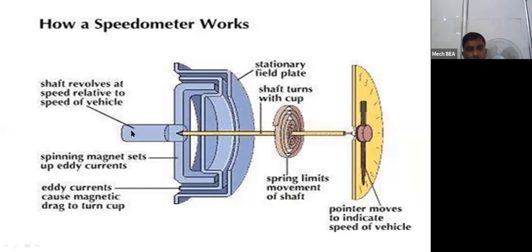This is the shaft which revolves at a speed relative to the vehicle. This one is the spinning magnet. Just see all the points on the slide. The function of each and every component is also mentioned in the slide.